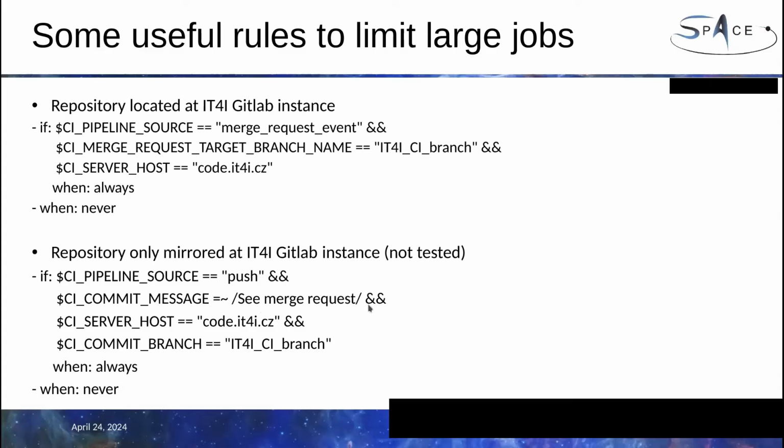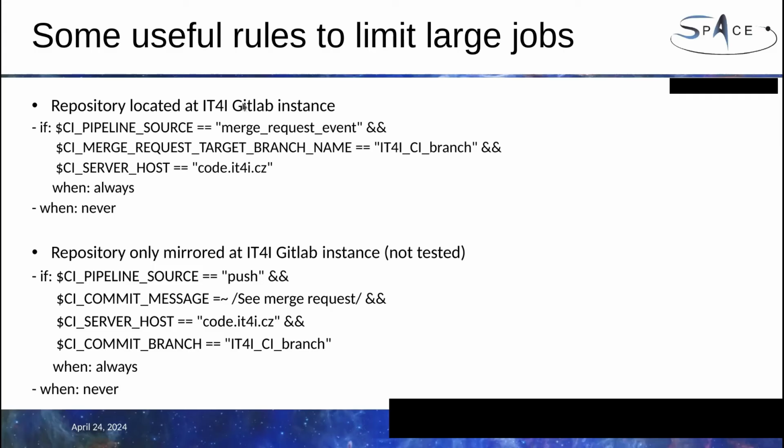Obviously, there is a possibility in settings to change the template. Then it's up to you to find some string that is common to all commit messages that come from accepting a merge request, and to replace this with your own custom string.